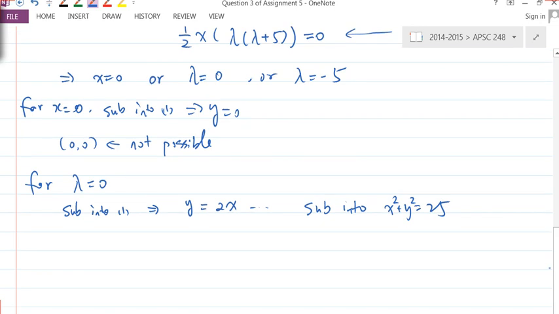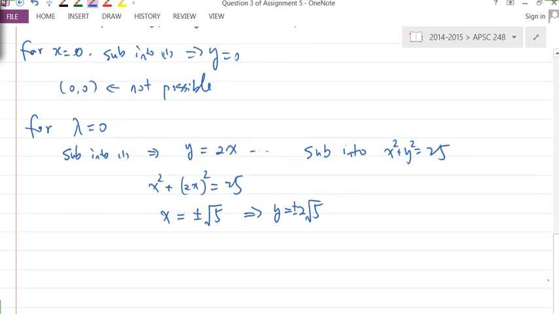We'll have x squared plus 2x squared equal to 25, and that gives us x equal to positive or negative root 5, which means y equal to 2x, so y will be positive or negative 2 root 5, right?